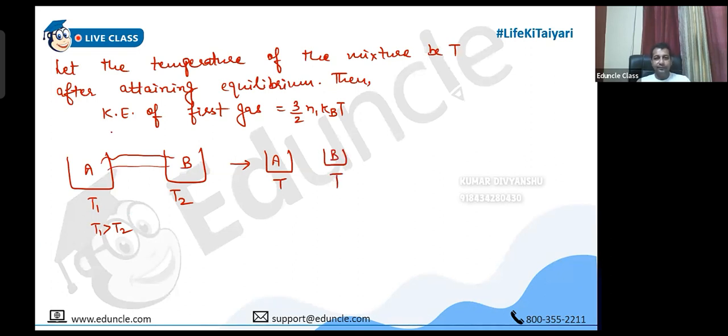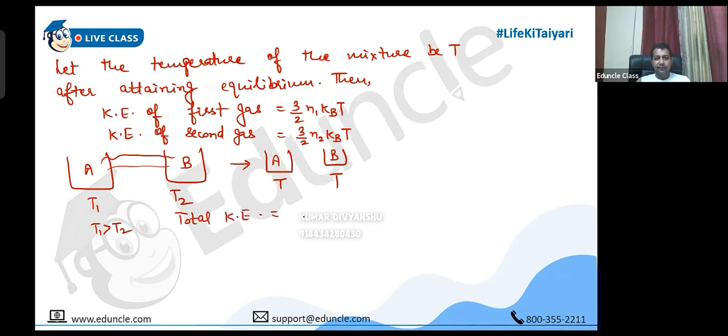So the kinetic energy of the second gas, and so the total energy, number 2. And we are given that there is no loss of energy, so the total energy before mixing should be equal to the total energy after mixing.